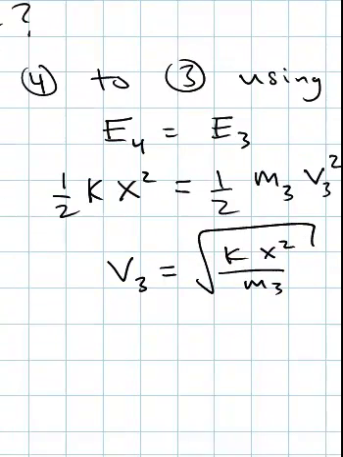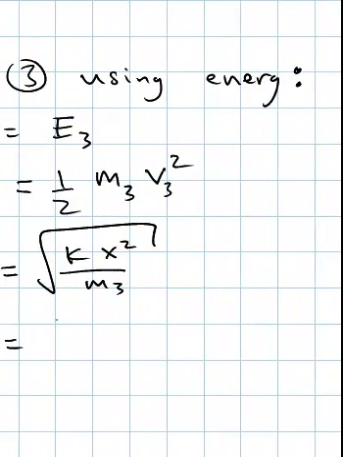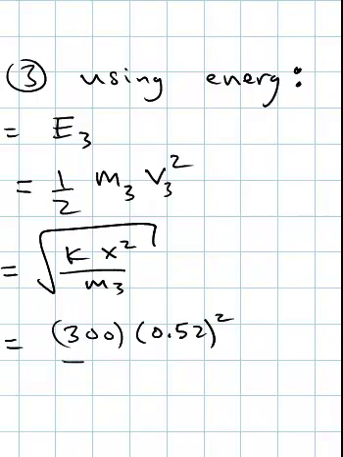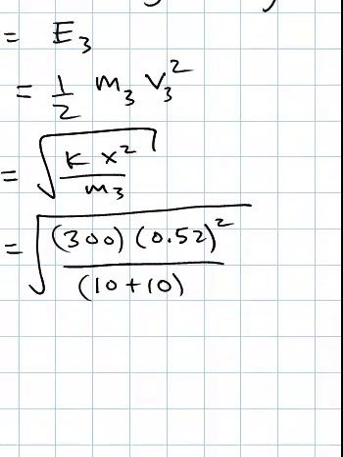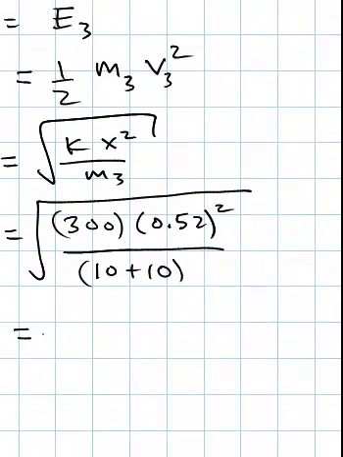let me plug in some numbers. K is given, delta x is given, the compression of the spring, and the mass is, they've stuck together and they're both 10 kilograms, so we have 20 kilograms now, and the velocity is 2.01 meters per second.